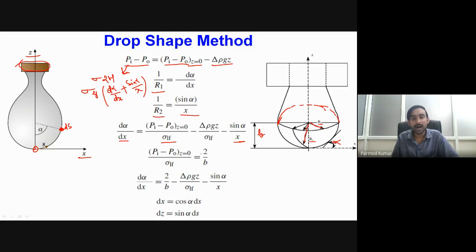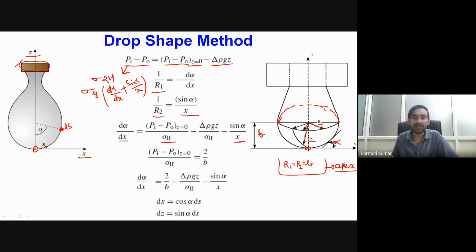Now, let us find the curvature at the apex of the drop. At the apex, the profile of the drop is almost spherical, so both radii of curvature are nothing but b. Both principal radii, r1 equal to r2, will be equal to b, and this applies only at the apex of the drop.